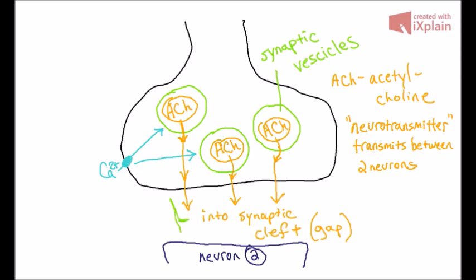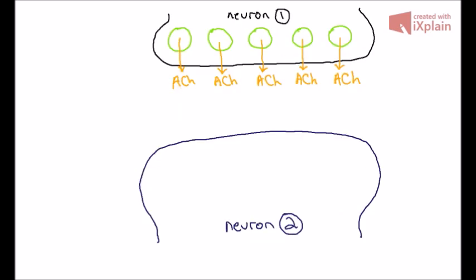So here's the gap, the synaptic cleft, and the acetylcholine comes out into the synaptic cleft. So now we have the ACH, the acetylcholine, out in the synaptic cleft, in the gap between the two neurons. And what does the acetylcholine do?